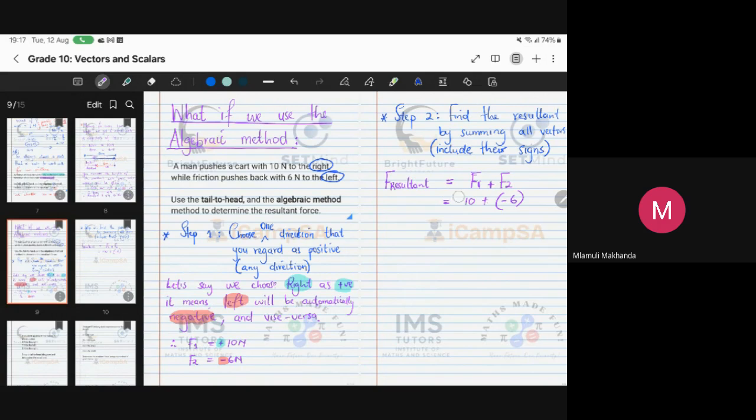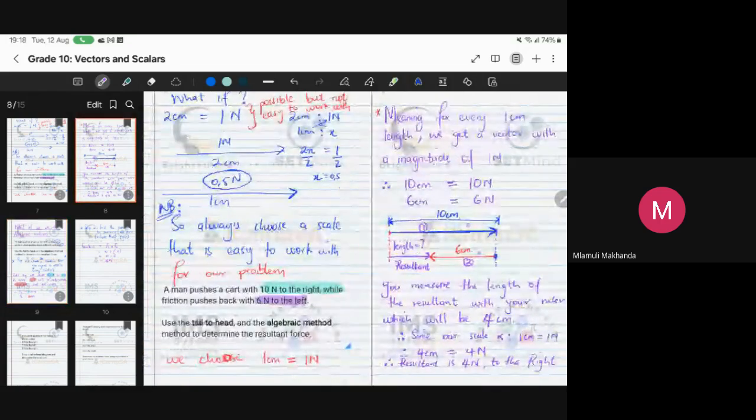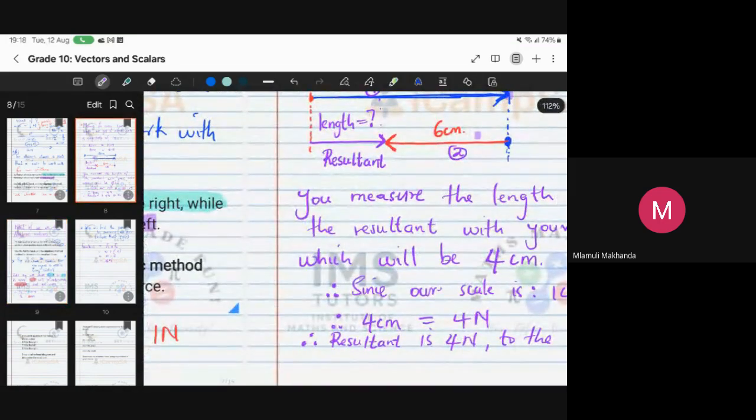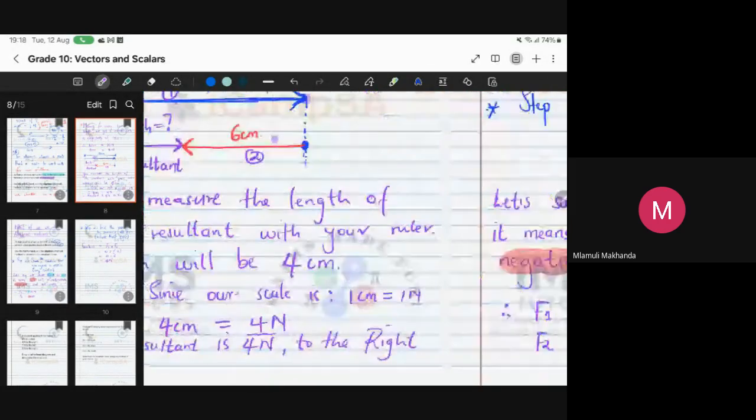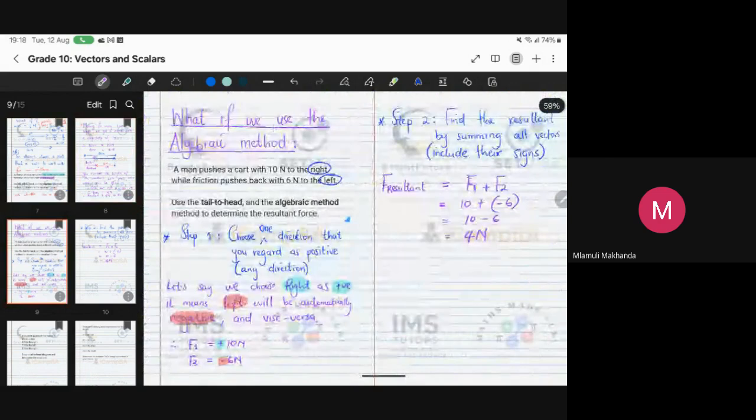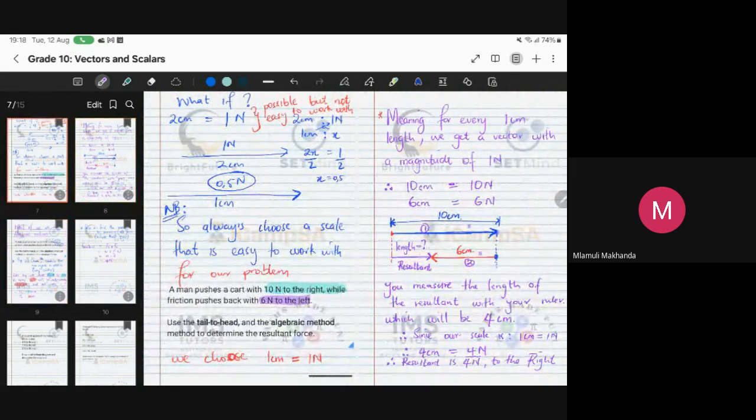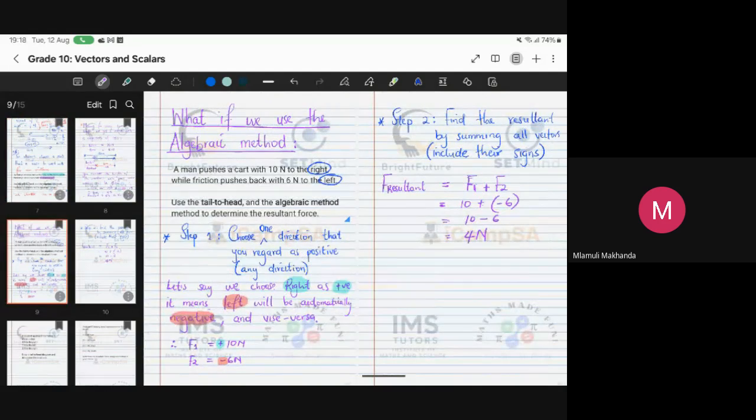And then this is simply 10 minus 6. And it is equal to 4 newtons. Now check that. Tell me if it's not the same as this. 4 newtons right there. Now tell me how many steps it took us to get to the answer. Literally just 2. And on the graphic method, it took us, well, I don't know. So this is how the algebraic method works.